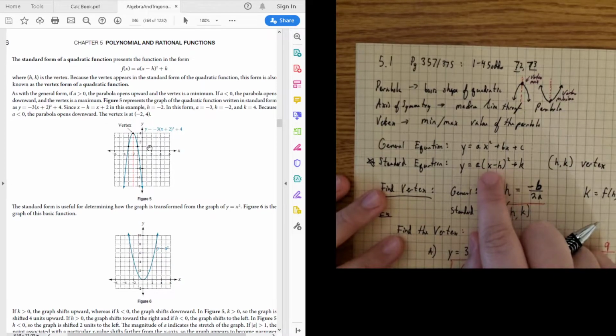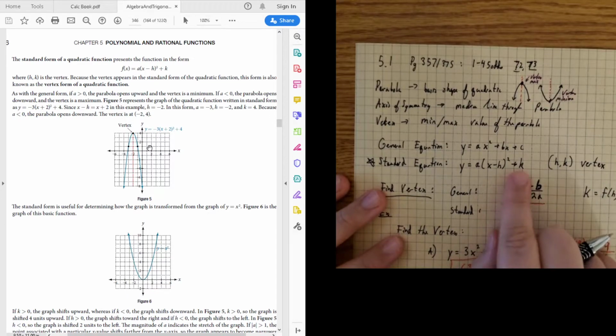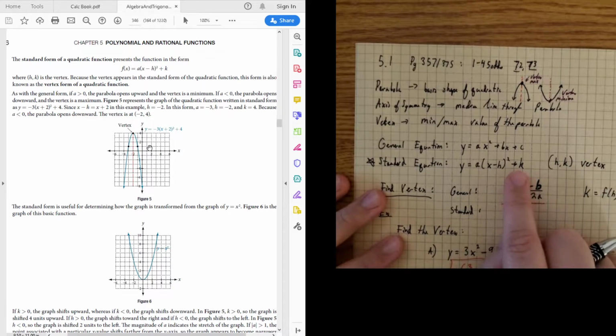What this tells me is whatever sign is inside of this function, I need to switch it. So if I have minus 2, my h is just the 2. If I have plus 4, my h is negative 4. Compare that to the k. The k, you'll notice, is plus k, which tells me that in the end, the answer will be the same answer. So if this is plus 3, it would be 3. If it is minus 6, it'd be negative 6.